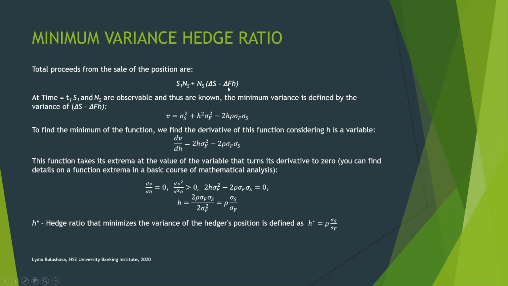Delta F is the difference between initial and resulting futures price. So these two deltas are price differences. Delta F multiplied by H.